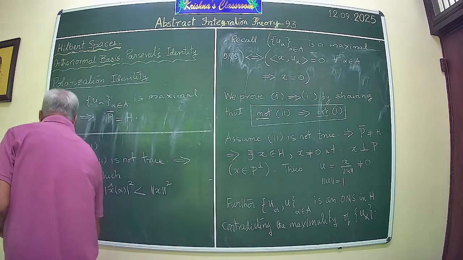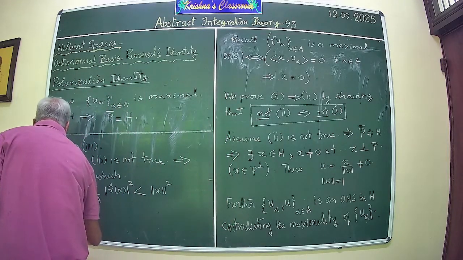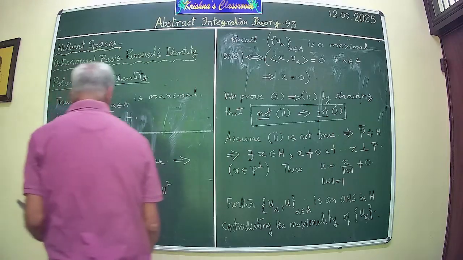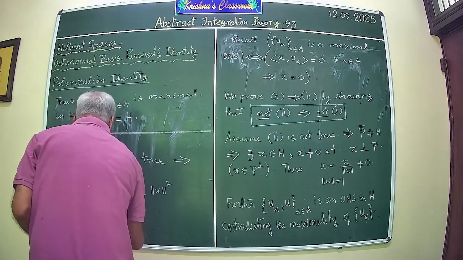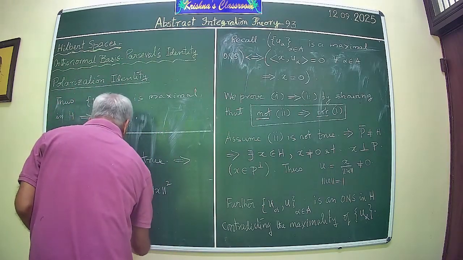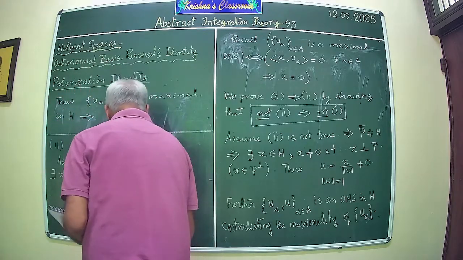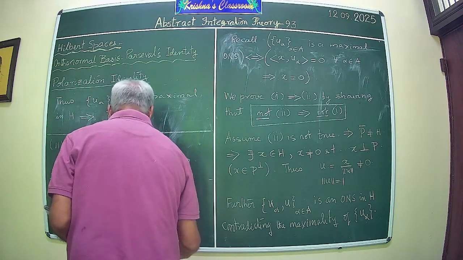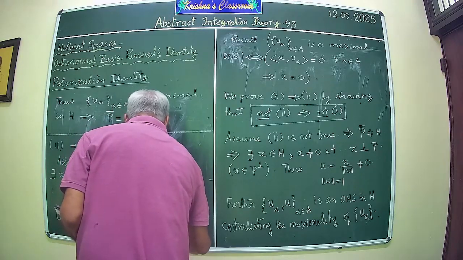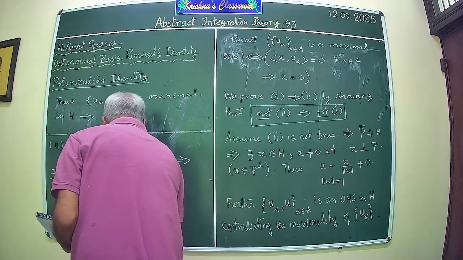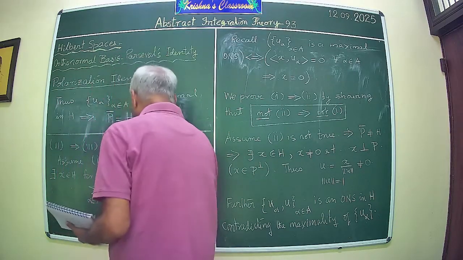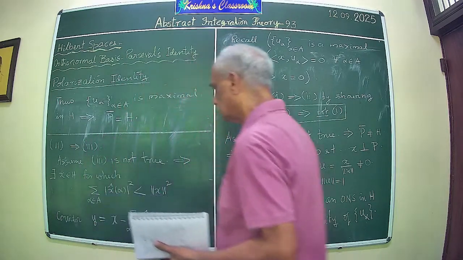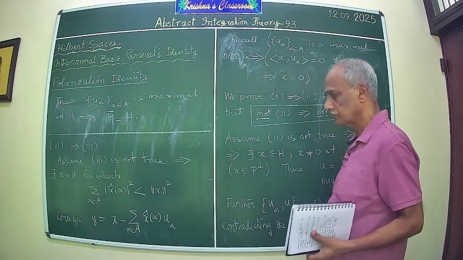Now consider y equal to x minus the sum over alpha belonging to P of the inner product of x with U alpha times U alpha.